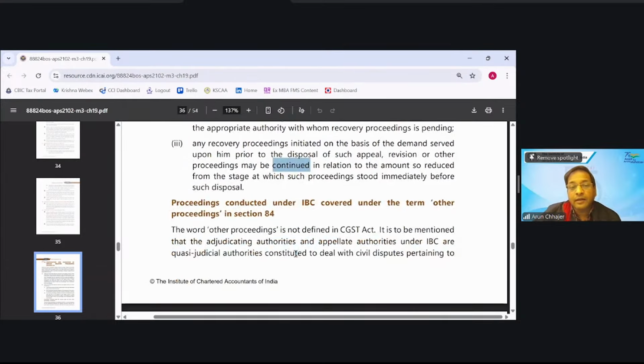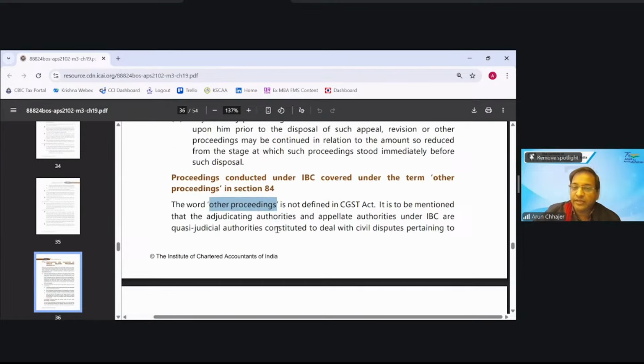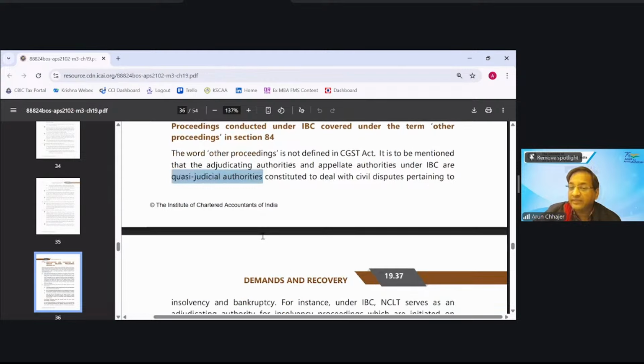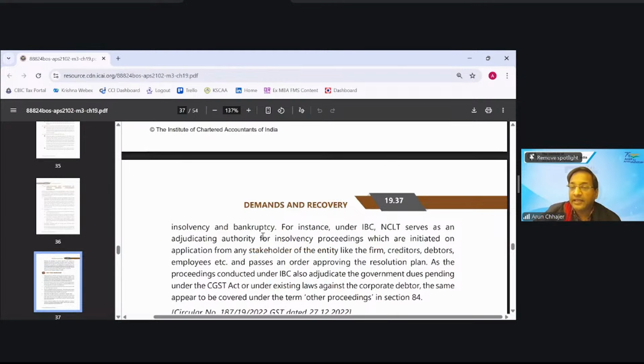Proceedings conducted under IBC are covered under the term other proceeding in section 84. The word other proceeding is not defined in the GST. It has to be mentioned that the adjudicating authority and appellate authority under IBC are quasi-judicial authorities constituted to deal with civil disputes pertaining to insolvency and bankruptcy.